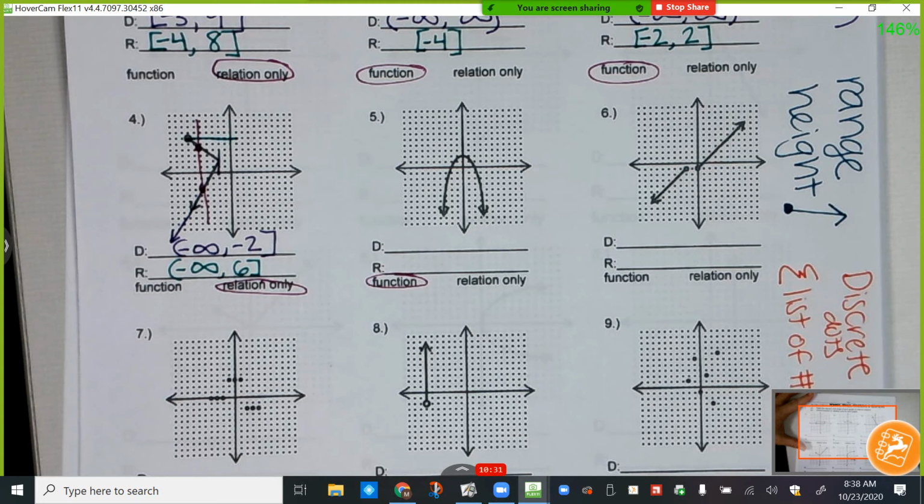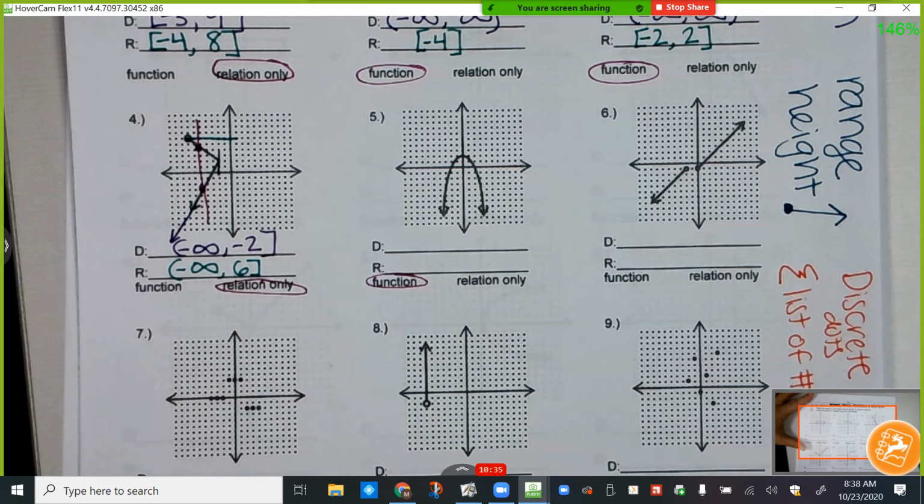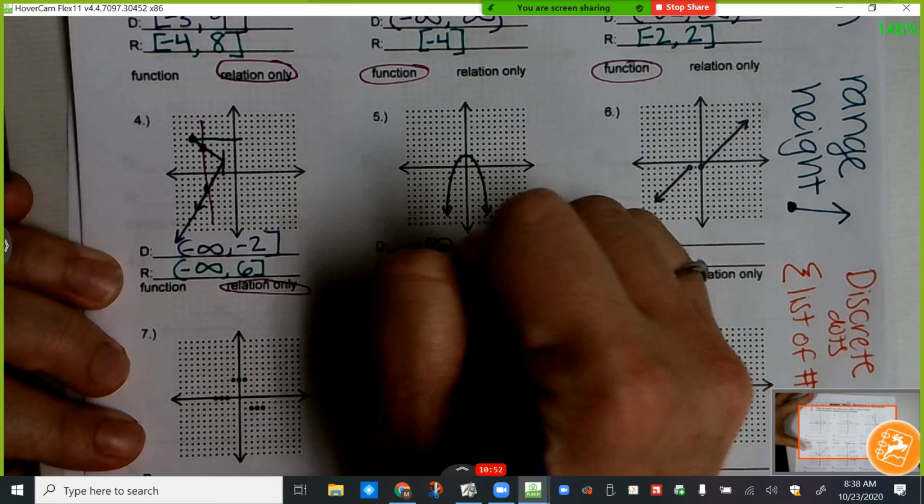Quadratic. Okay, so domain, side to side, is that U ever going to quit getting wider? Or is it going to get wider forever? Yeah, forever. It's going to be super slow, but it's going to keep getting wider. So my domain is negative infinity to infinity.